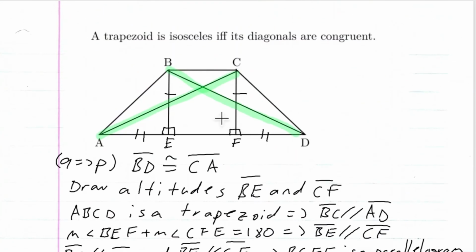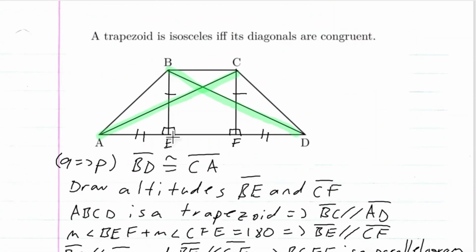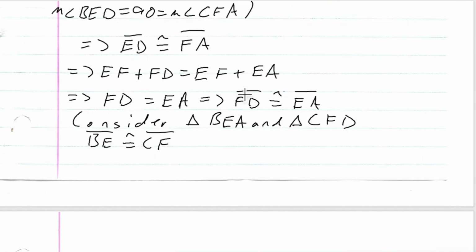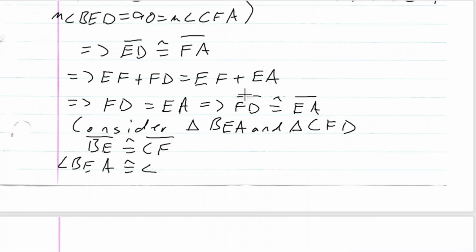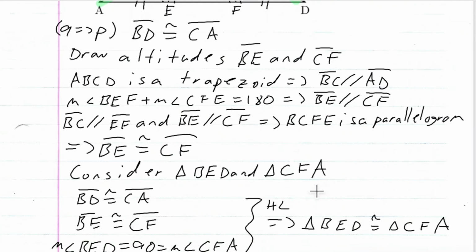So now I have BE is congruent to CF. I have angle BEA congruent to angle CFD, right?